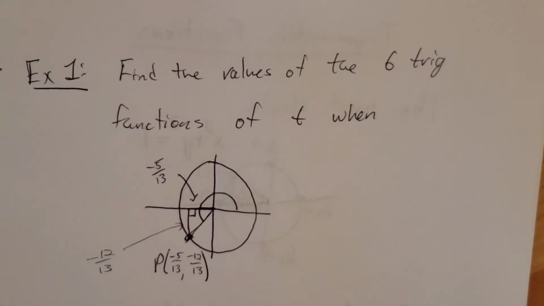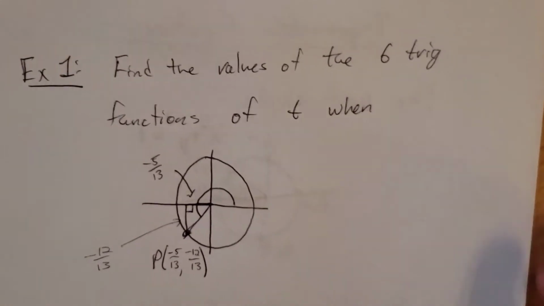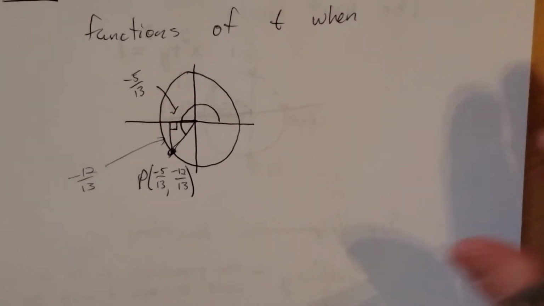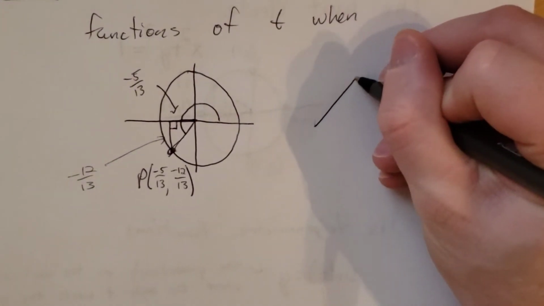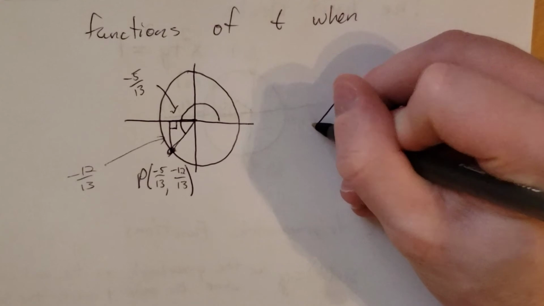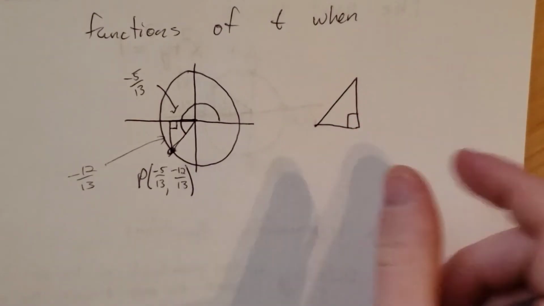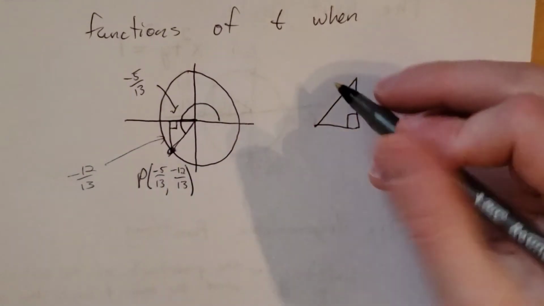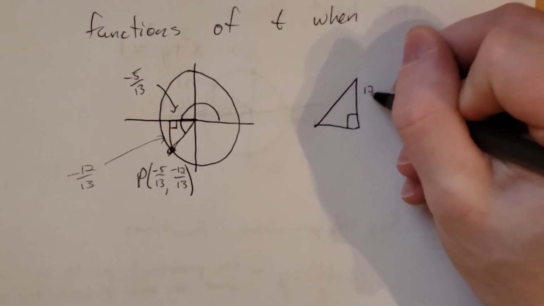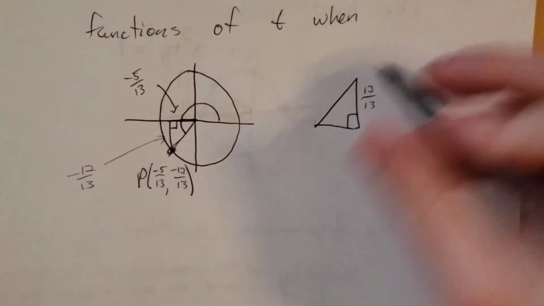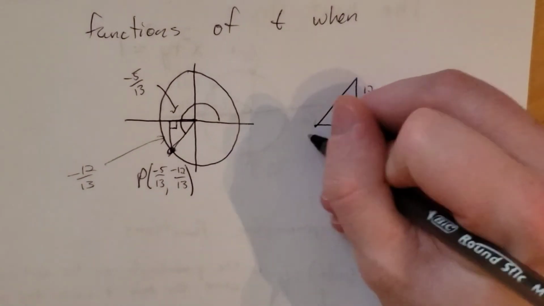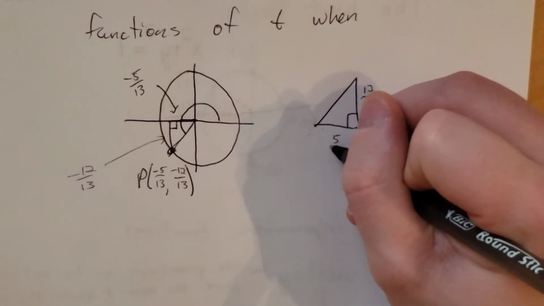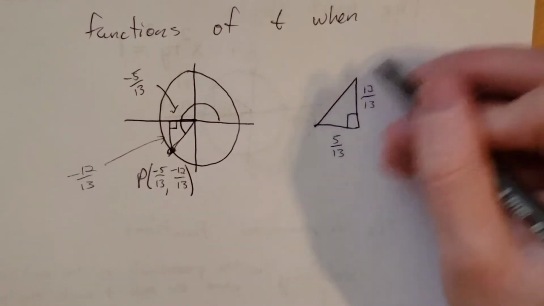So let's redraw that triangle over here. This is the same triangle, I just rotated it back around. So this here is 12/13, or really it was the negative 12/13. This side is 5/13, and we have the hypotenuse.